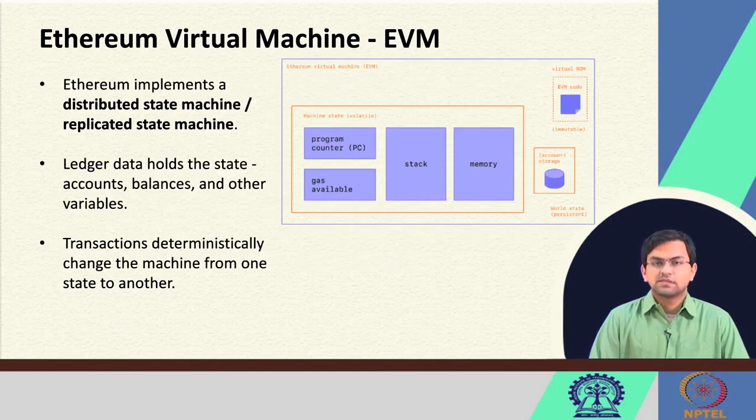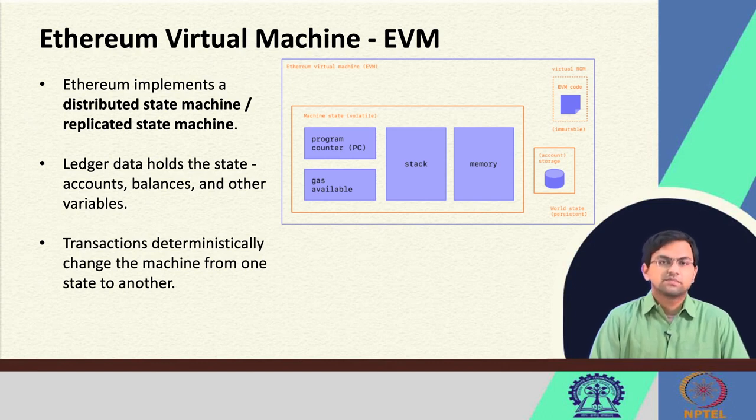Now how are these smart contracts actually executed in the Ethereum system? The Ethereum network implements a distributed state machine or a replicated state machine. The Ethereum ledger actually is holding the state, and any transaction that we do in the Ethereum network changes that state.